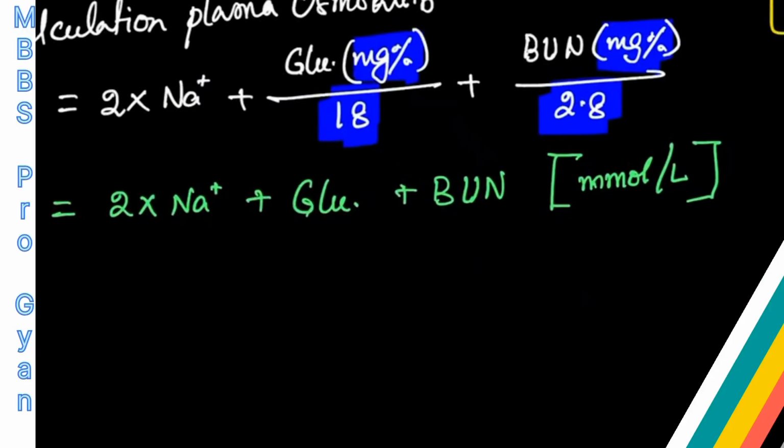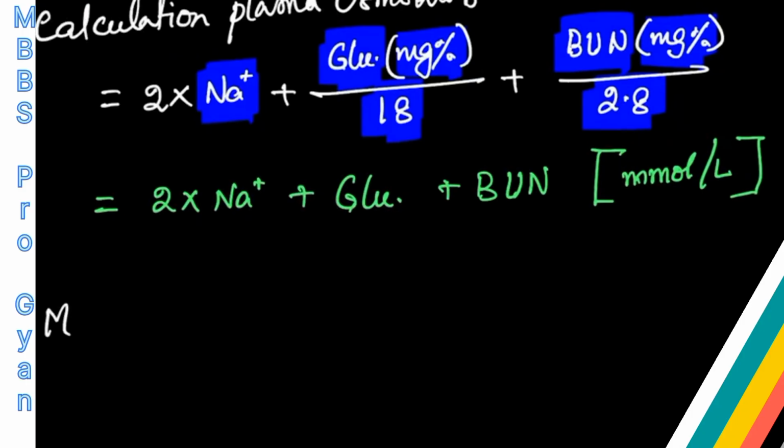Now the next thing is that calculated plasma osmolality takes into consideration 3 major substances in the plasma. What are those? The sodium ion, the glucose and the blood urea nitrogen. They are not considering the other osmolytes which are present in the plasma.